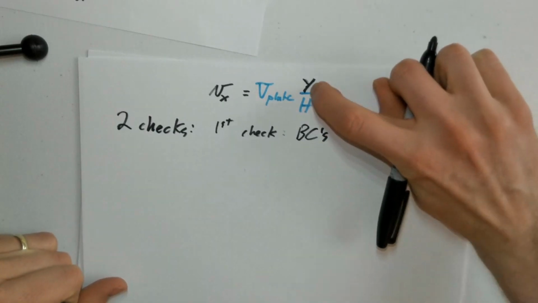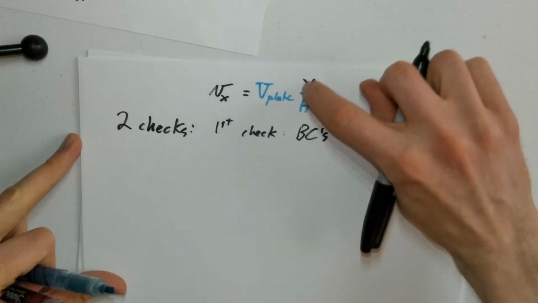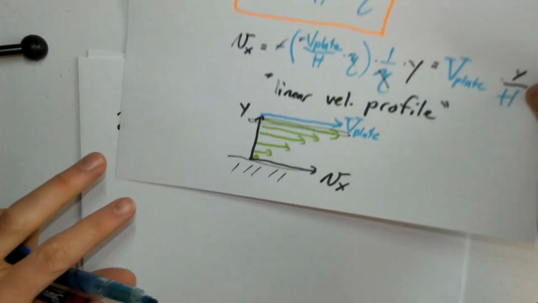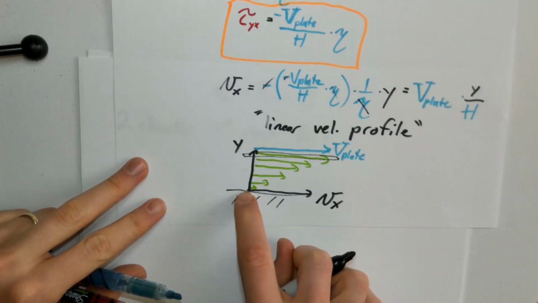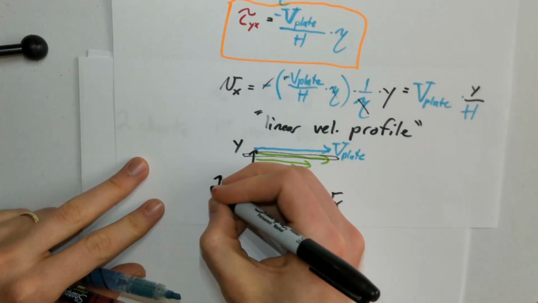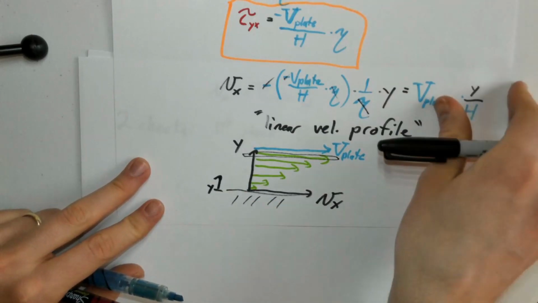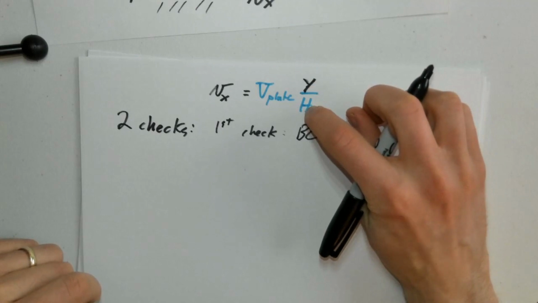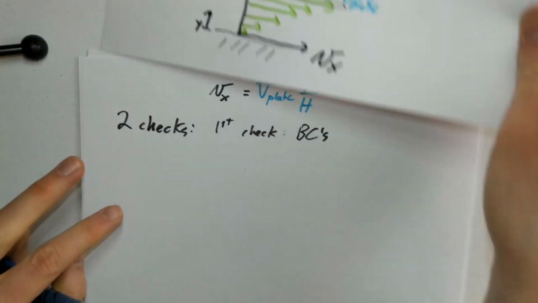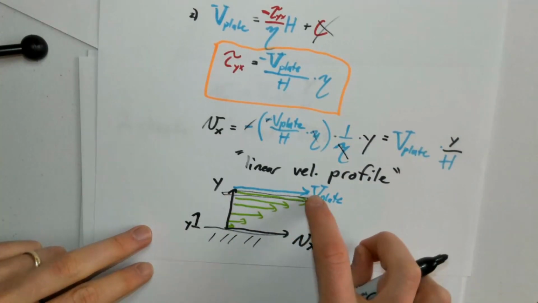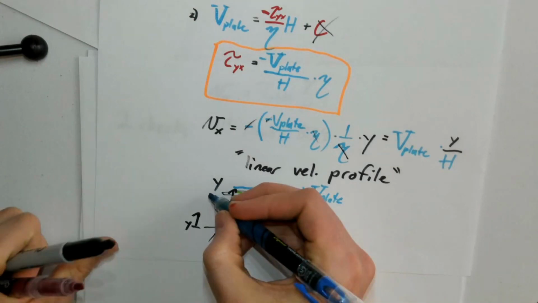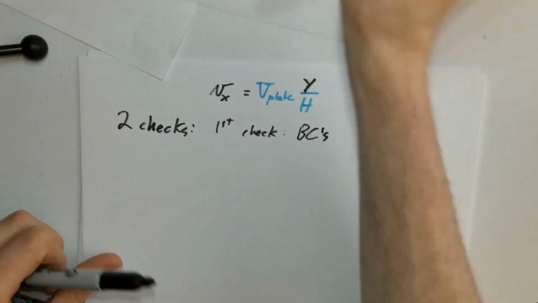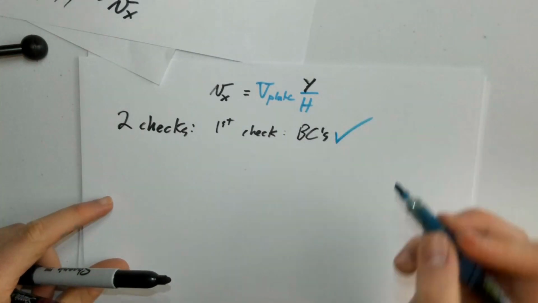So if I plug in y equals 0, then this whole equation becomes 0, and that's consistent with the 0 velocity that we have at y equals 0 down here. If I plug in y equals h, then I get h over h, so Vx is just V plate, and that's consistent with what I get up here at y equals h. So boundary conditions check out.